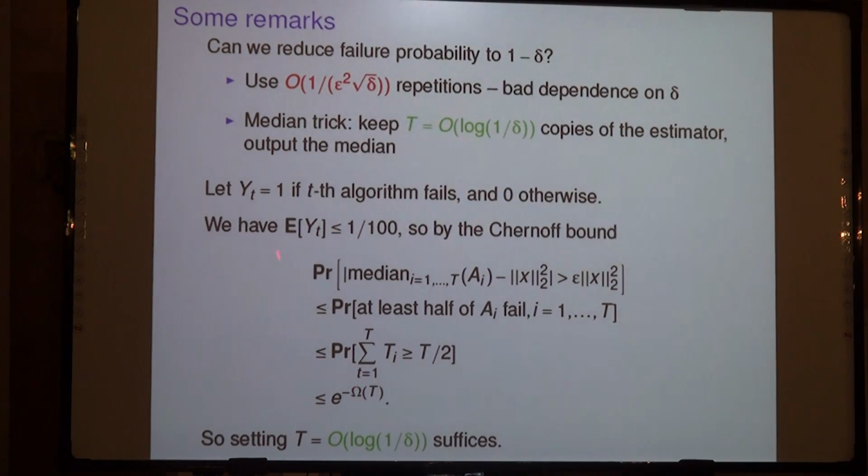The probability that the median fails to be a factor epsilon approximation is at most the probability that at least half of our algorithms fail. Each of the independent copies fails with probability 1 over 100. So by Chernoff bounds, the probability that at least half of these algorithms fail is exponentially small in how many repetitions we did.